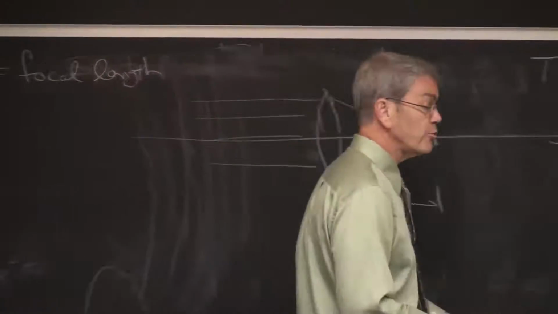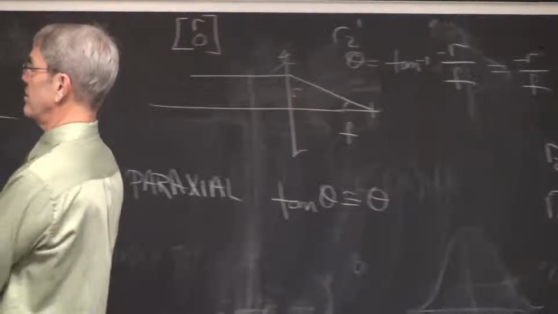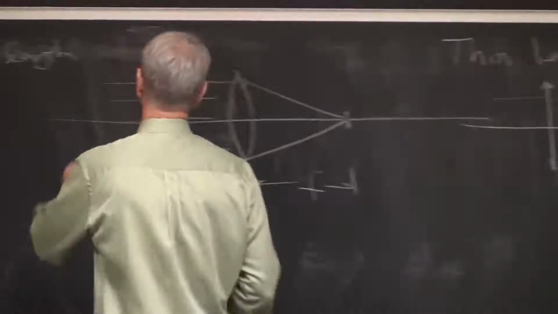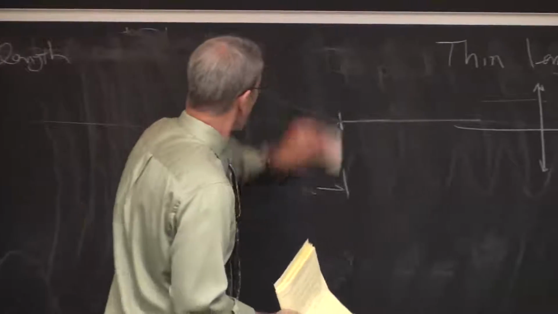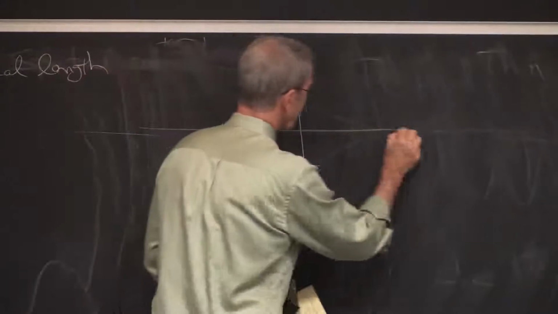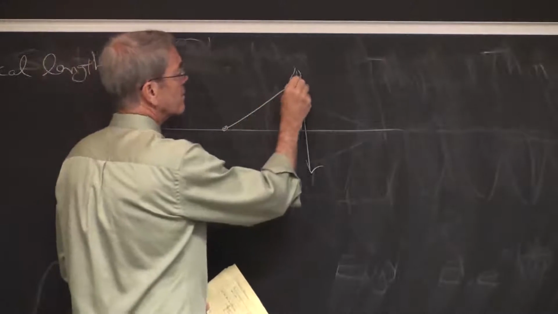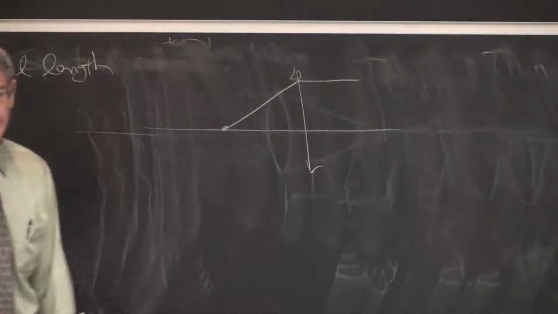So I have to shoot a second ray to figure out D. And again, I look at this and say, okay, I need one which I know. And once I know it, I can go through and calculate it. What I usually do is just reverse the thing. So I've got a lens like this. Here's my optic axis. What if I start at the focal point? I'll come out parallel.